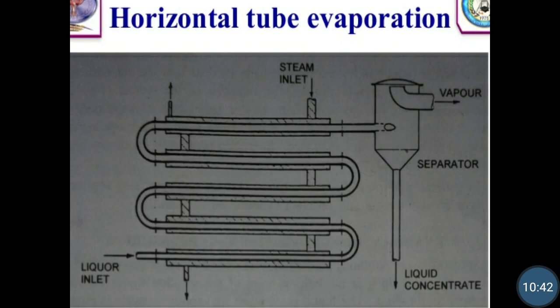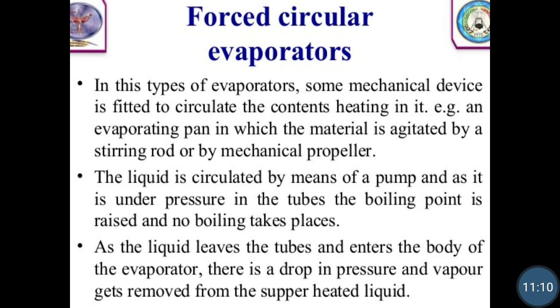So you can see here, in the tubes the liquid just gets heated, and that heated liquid comes into the separator where it starts boiling and converts into vapor, and the vapors go to the condenser where they condense again into liquid, and the concentrated liquid is separated from the bottom of this separator as a liquid concentrate.